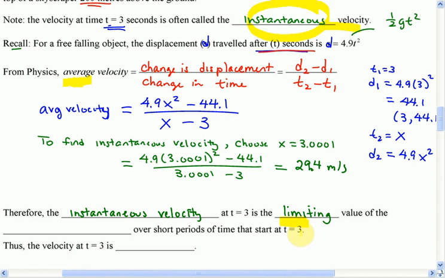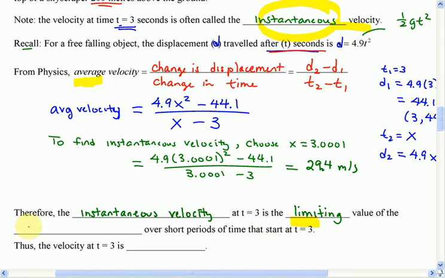Mean Girls? Okay, stay tuned for Mean Girls. So the instantaneous velocity at t equals 3 is the limiting value of the average velocity over short periods of time. Notice what I mean by short periods of time: 3 and 3.0001, that's a very short instant in time.